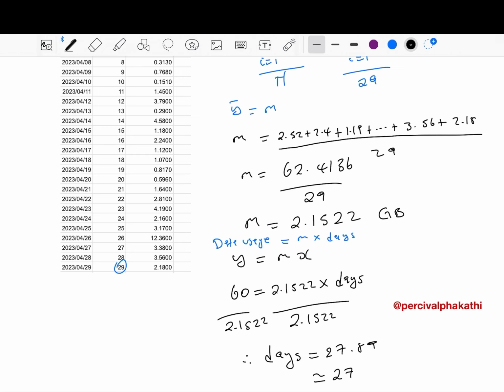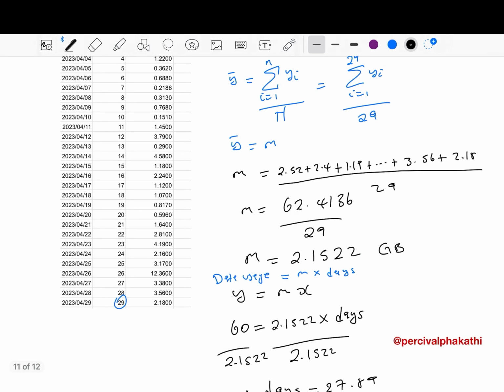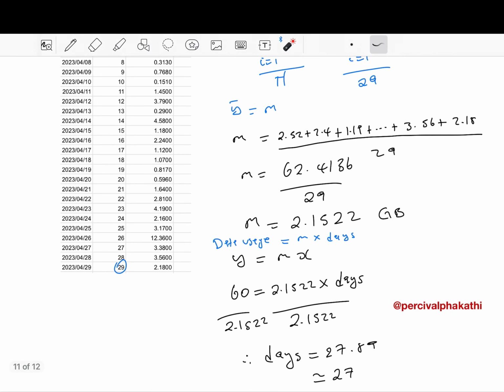But we're submitting this to your mom, so you can say, Mom, I'm actually going to run out of this 60 gigabytes on day 27. Mom, on average, every day I'm spending 2 gigabytes. And if I continue spending 2 gigabytes every day for the next month, therefore I'm going to be running out of this data on day 27.